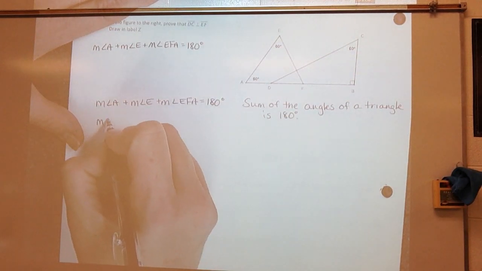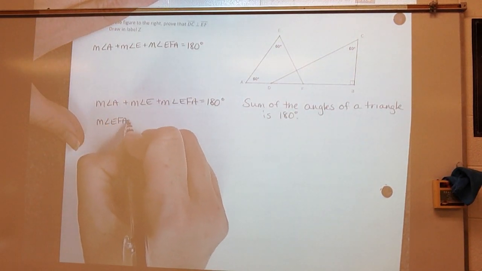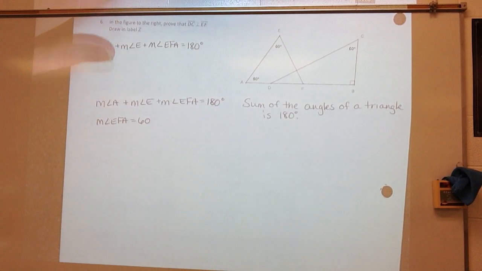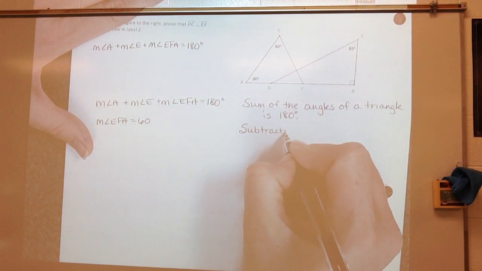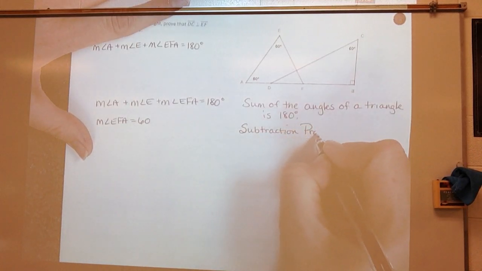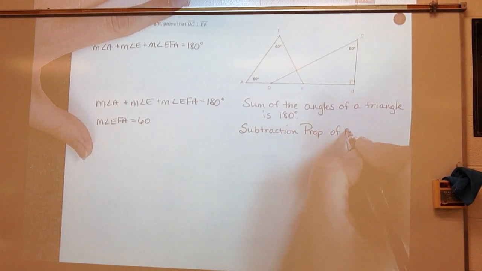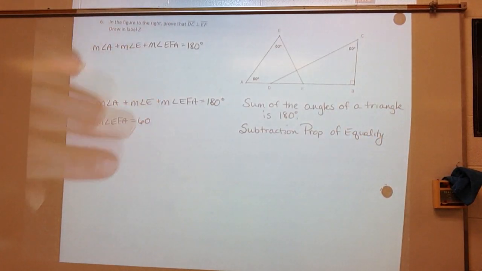So the measure of angle EFA is 60 degrees. And I can say that's the subtraction property, because I subtracted 120 from 180.